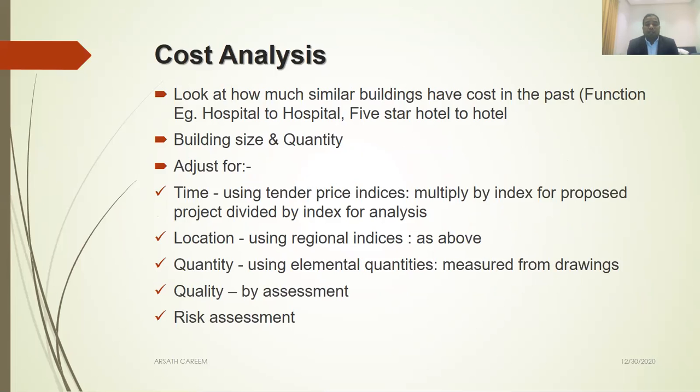Also size and quantity. You can't compare 100 meters squared with 10,000 meters squared because depending on the quantity, cost will always be impacted. So while choosing for cost analysis, you have to choose similar building size and quantity.